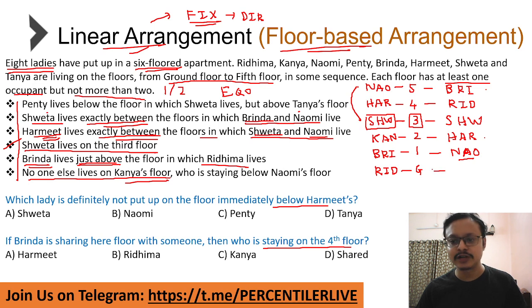So the empty floor that is remaining has to go to Kanya. In the first case, the second floor is remaining, so the second floor goes to Kanya. In case 2, the right hand side case, Kanya goes to the ground floor. So let us mark this as case 1 and this side as case 2.